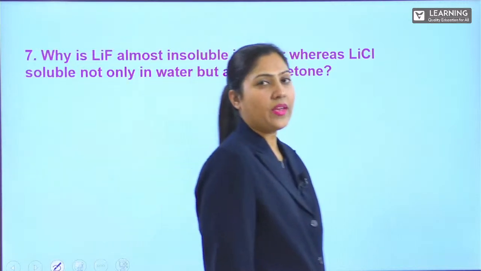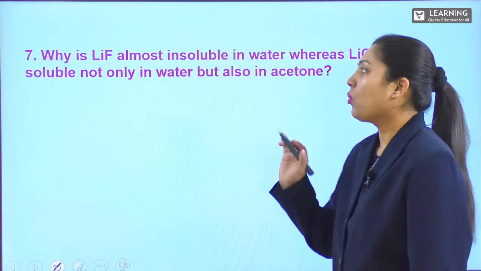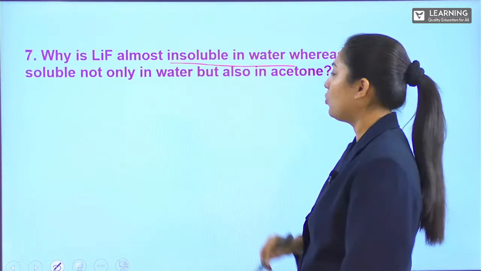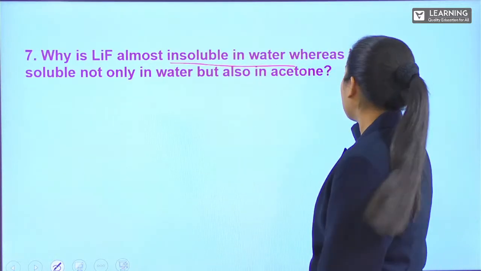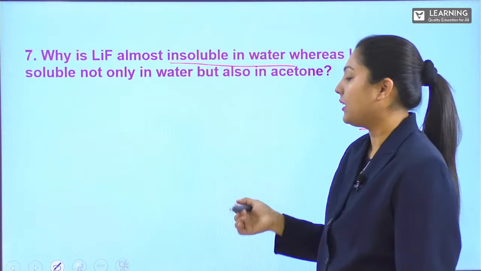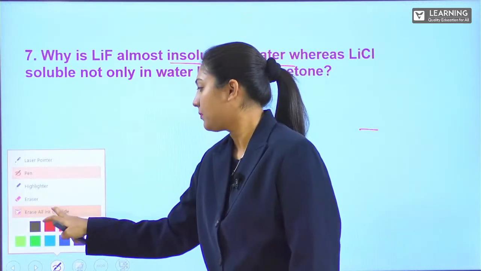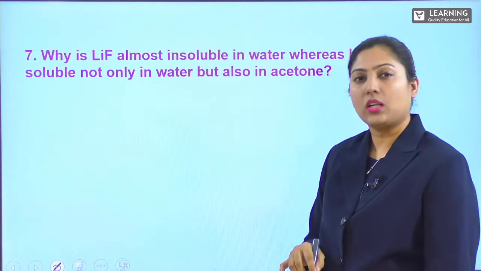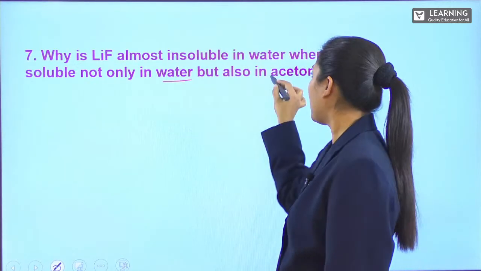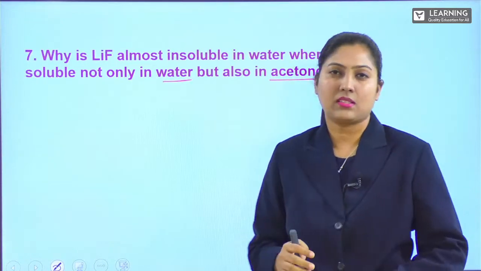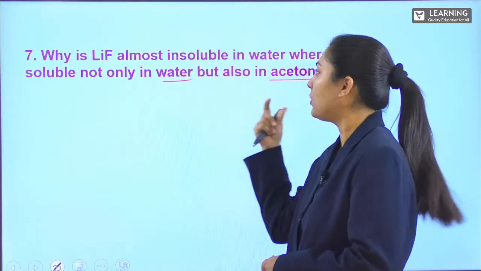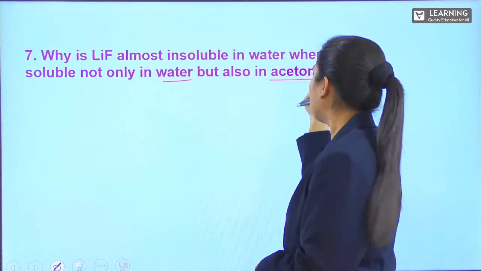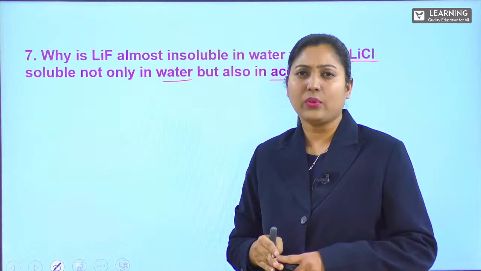Next, we have the next question. Why is lithium fluoride almost insoluble in water, whereas lithium chloride is soluble not only in water but also in acetone? That means it speaks about the polarity. Like here again it comes with the covalency, and here it is an ionic compound.